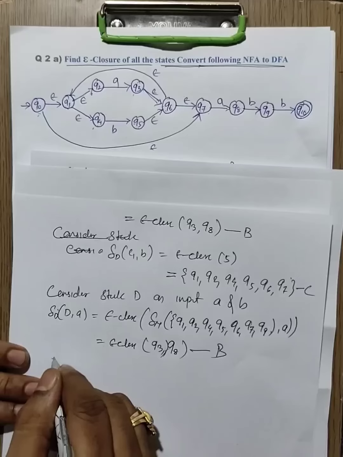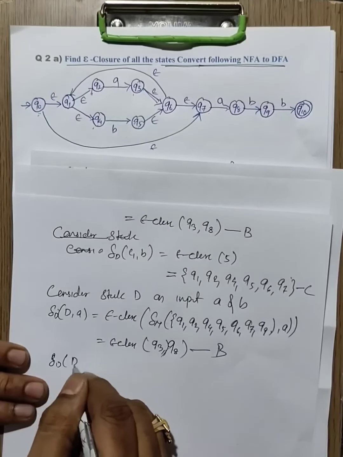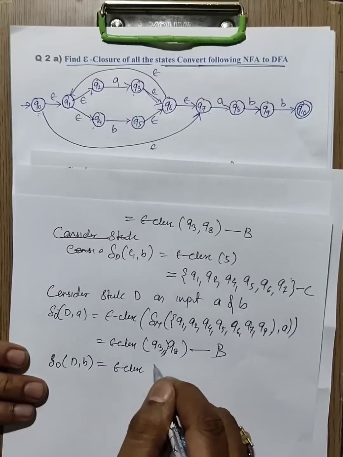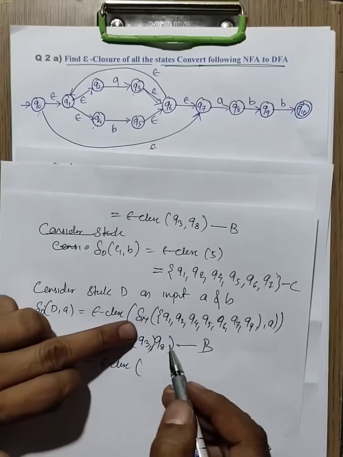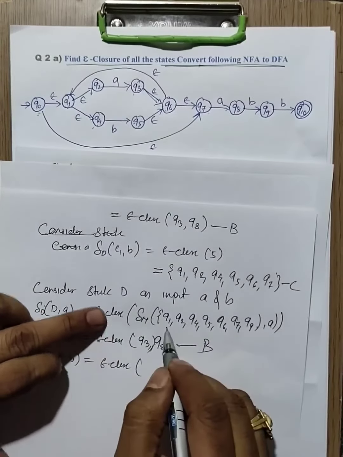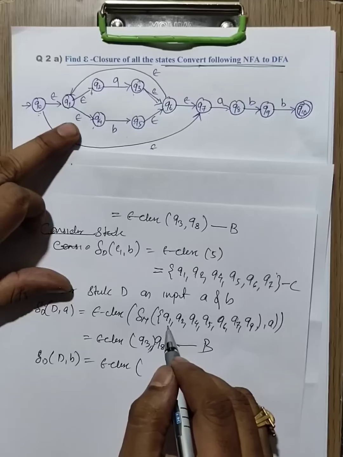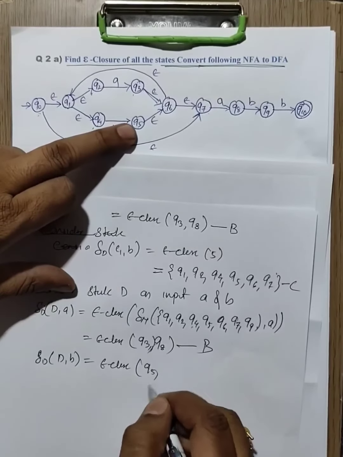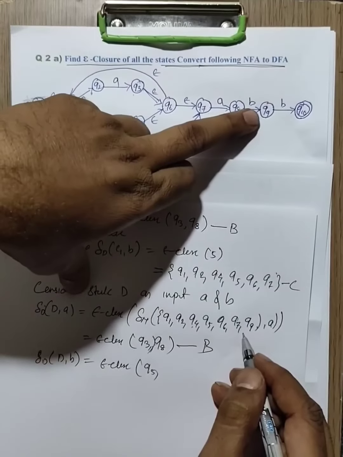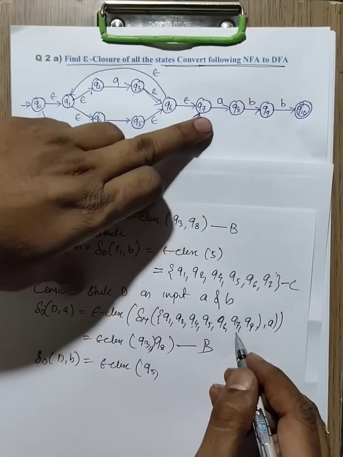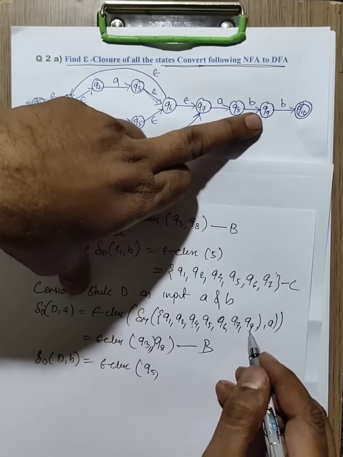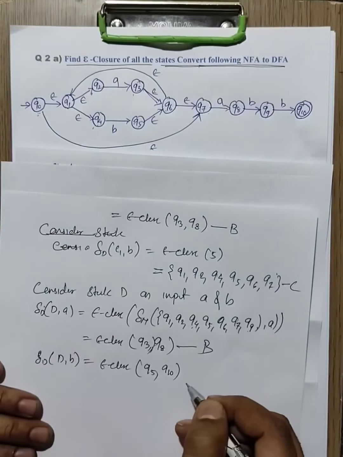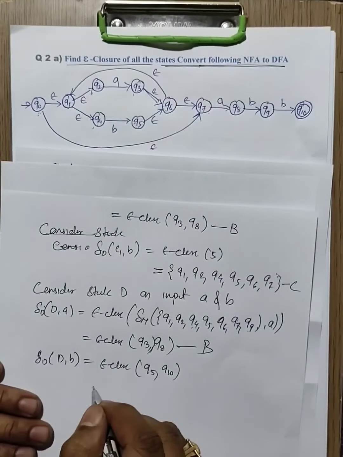Next, D on B. D on B, direct we can write D. Here 4 on B is 5, epsilon closure of 5. Then 9 on B is 10. Epsilon closure of 5 and epsilon closure of 10.